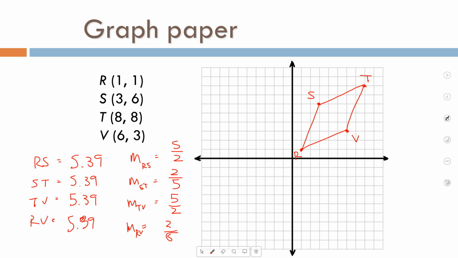Okay, let's talk about Maya's answers first. Are the opposite sides equal? Well, that's kind of a dumb question. All the sides are equal. Is that a parallelogram, Maya? No. Oh, dissension in the ranks. Yes or no?